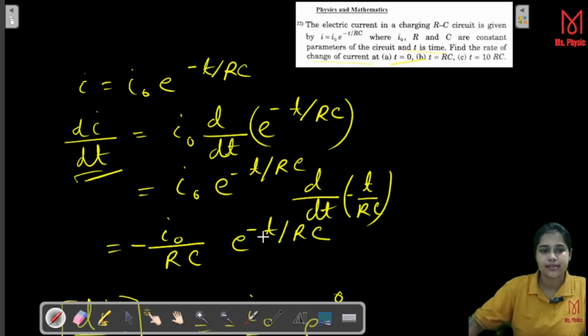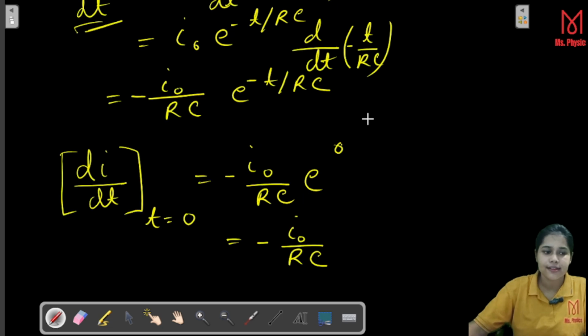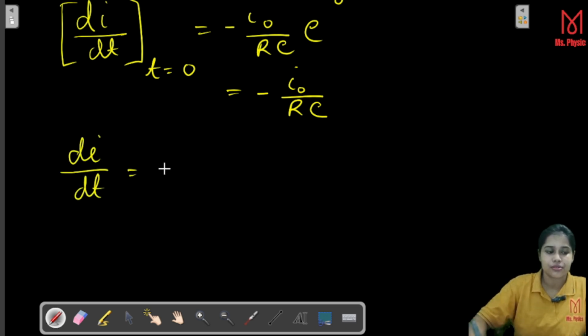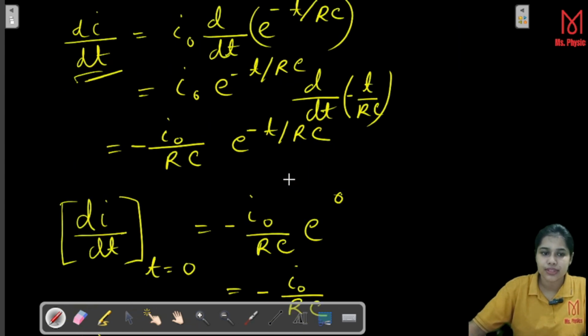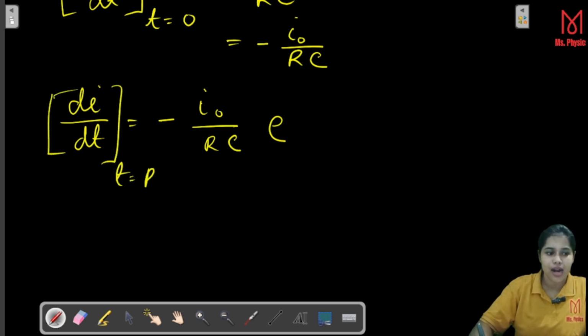Next you have to find it for t = RC. You put the same thing, you only have to change the value. Here you have the expression di/dt = −(I₀/RC) e^(−t/RC), and here you put t = RC.